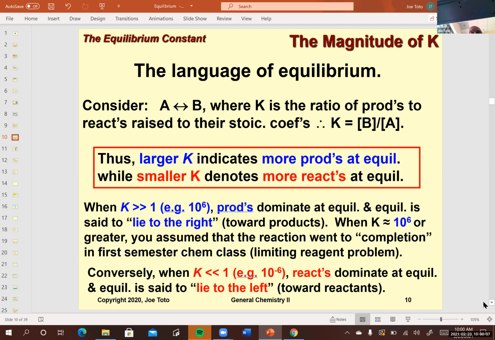So the lingo goes that the larger K is, you would expect more products at equilibrium relative to reactants. And so we say that the equilibrium for that reaction lies to the right, towards products. Smaller K is just the reverse. That indicates a situation where you'd expect more reactants than products.